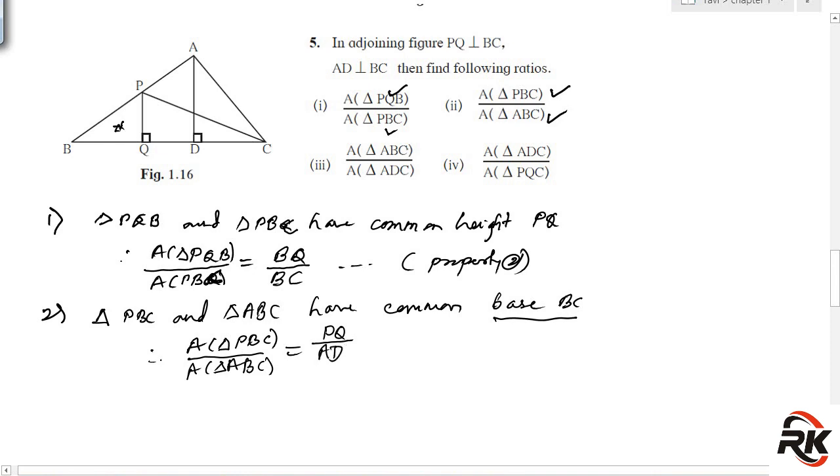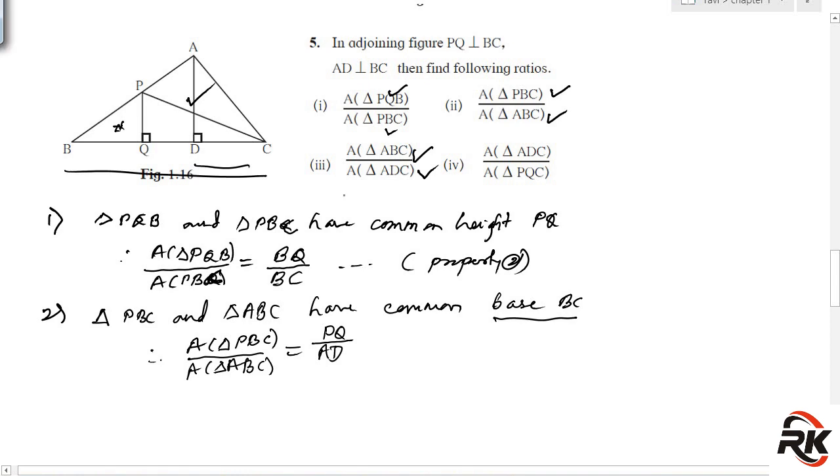Same as in triangle ABC and triangle ADC. ABC and ADC, these two triangles having equal height, which is AD. Therefore, this is the height AD of triangle ABC and triangle ADC. Base of triangle ABC is BC and base of triangle ADC is DC. Means height of these two triangles is common.